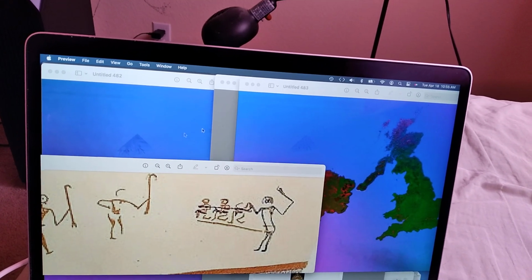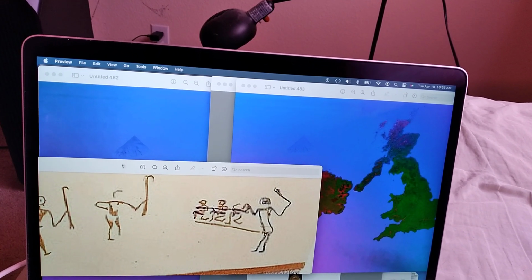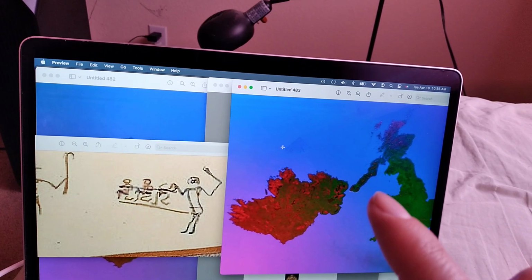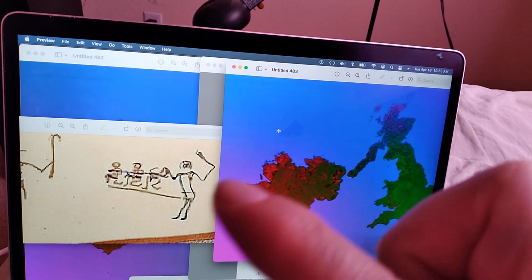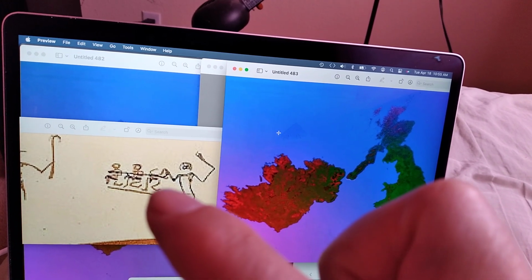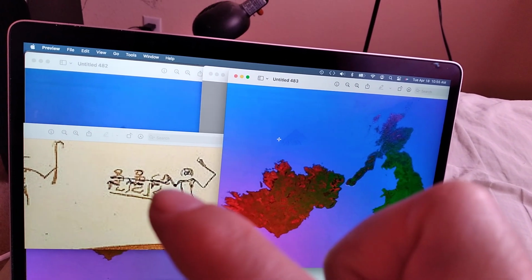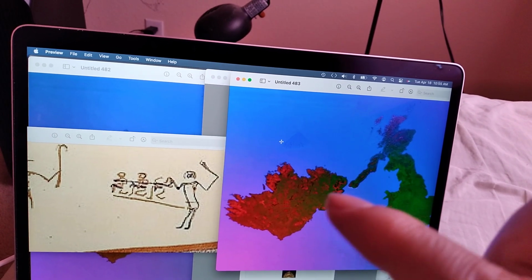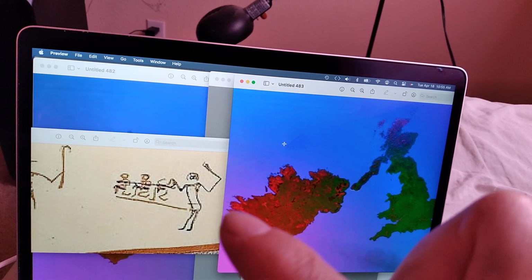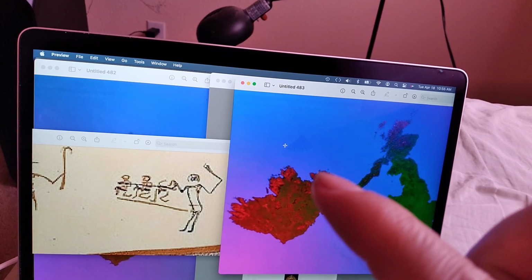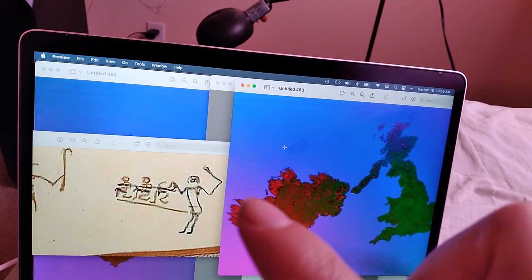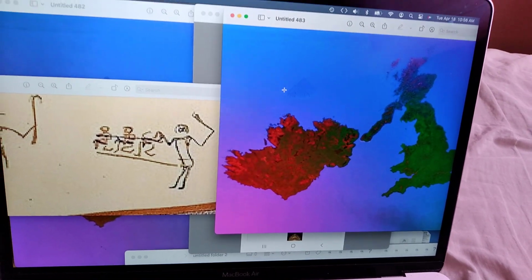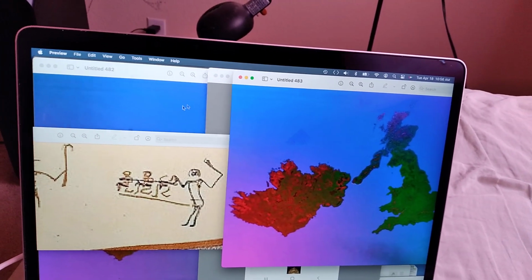So just looking at this image, it makes sense why the Irish hostages are painted with a red outline, because all three of these, especially these outcropping promontories, are quite reddish in color, just like the Red Hand.